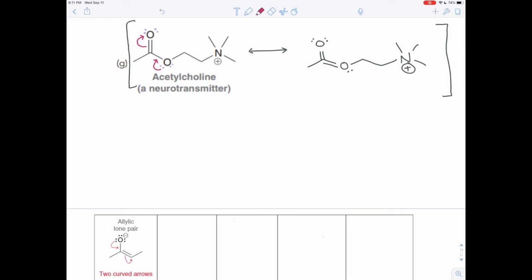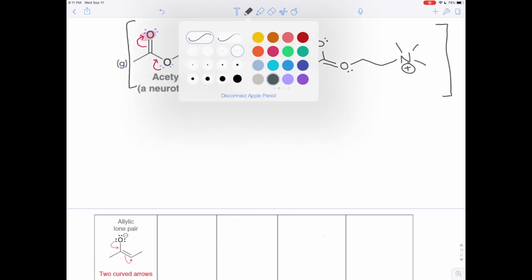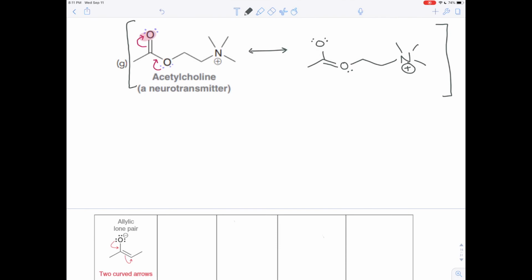Wherever you have the head of a curved arrow, wherever that's pointing, that's where electrons are arriving, and so you want to draw in electrons. If the head of a curved arrow is pointing at an atom, then you draw in the electrons as a lone pair.